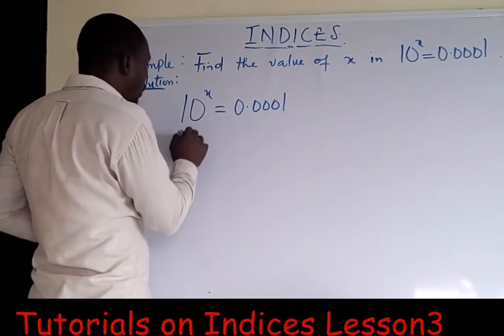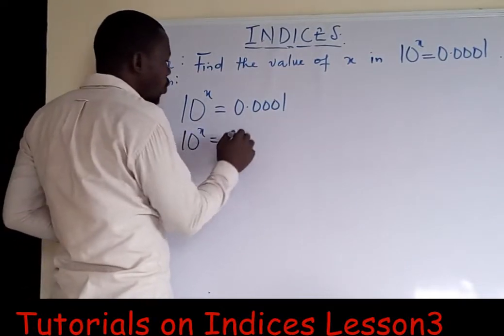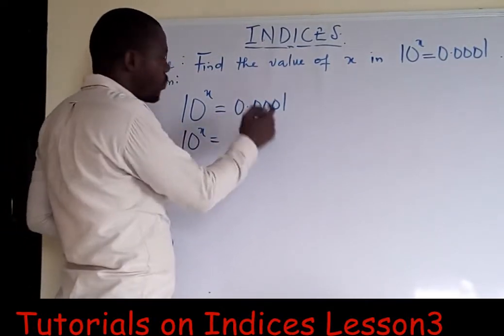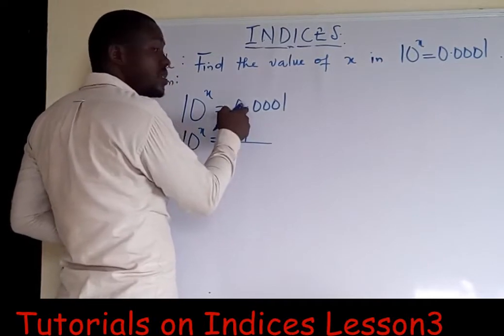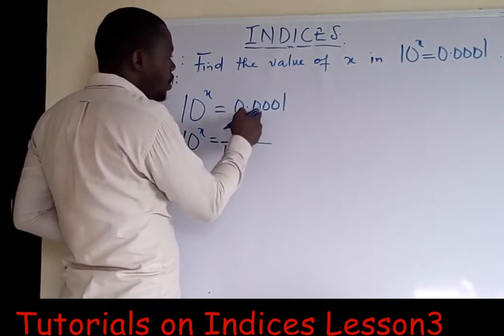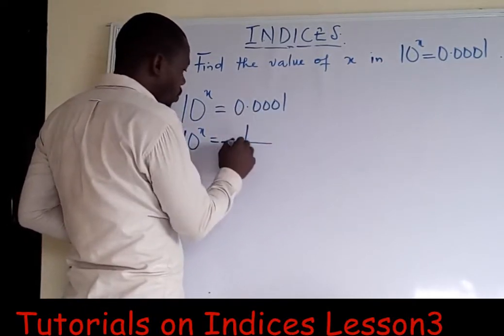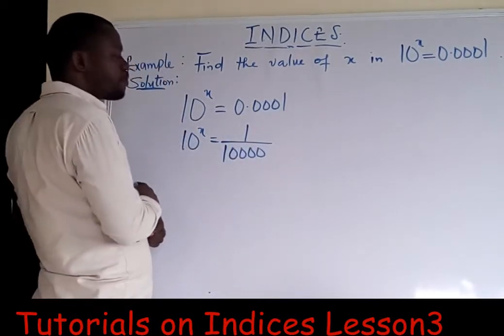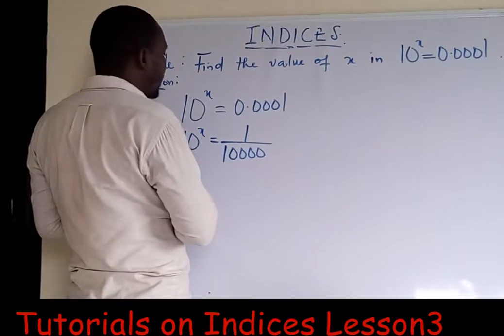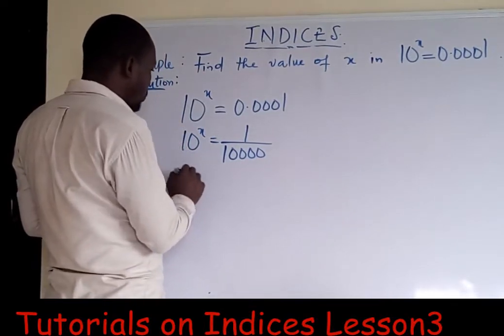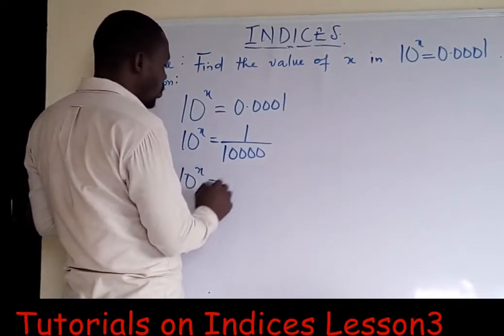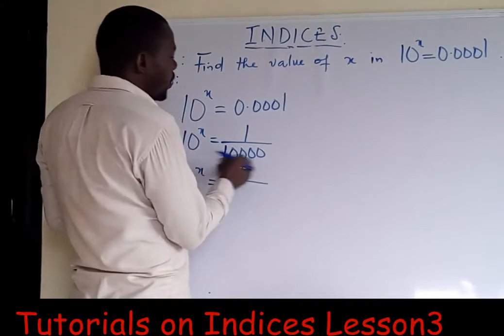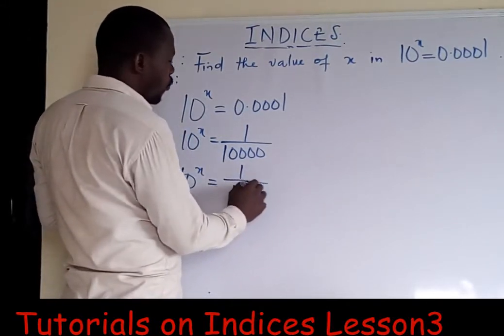So we have 10 raised to the power x, which is equals to 1, because it's only 1 that we have here, over this decimal point turns to 1, then 1, 2, 3, 4 zeros, because we have four digits at the back. So now, this particular thing here, what can we do? I say 10 raised to the power x equals to 1 over 10 raised to the power 4.